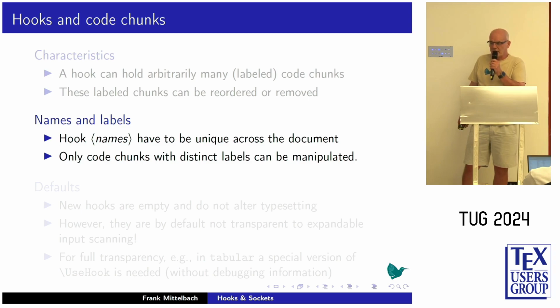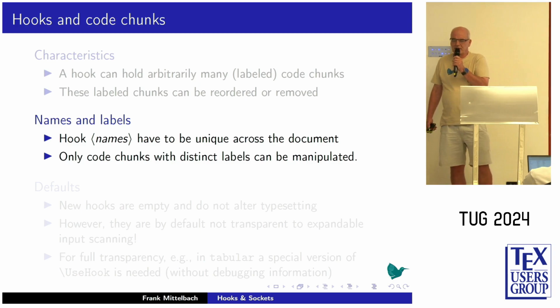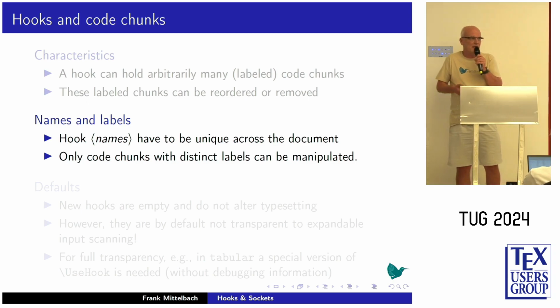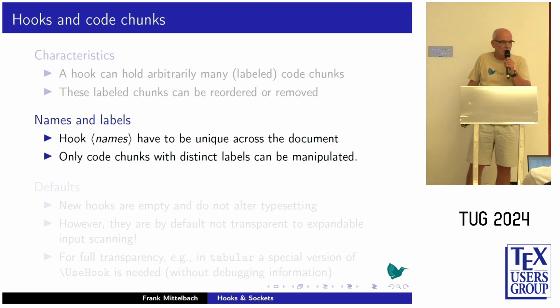Within the code chunks of a hook, the labels have to have distinctive names so that they can be identified. If you use a name twice, then you refer to the same code chunk in the hook. So, for example, adding something twice with the same label name would just append to the code chunk.